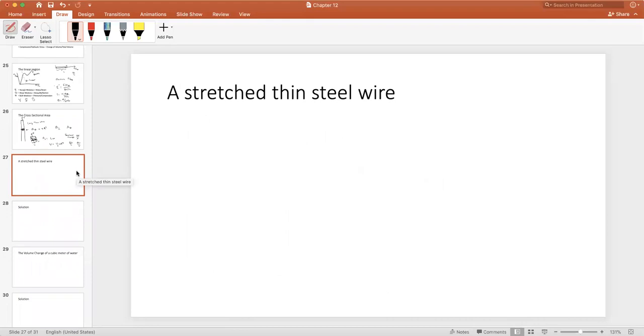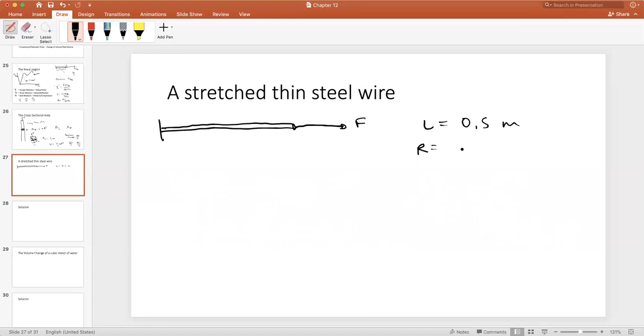We have a thin steel wire that we hook to a vise. So we have this thin circular steel wire, and we hook it into a vise and we pull on it with a force attached to one end. And we notice in this experiment that the wire itself has a length of 50 centimeters, and the radius of our thin wire is 0.001 meters.